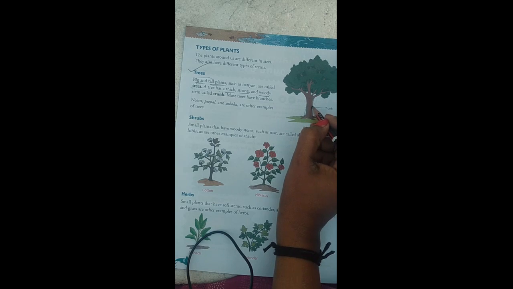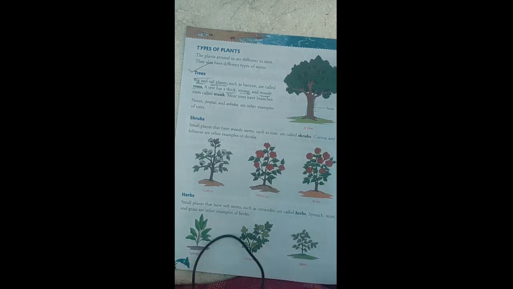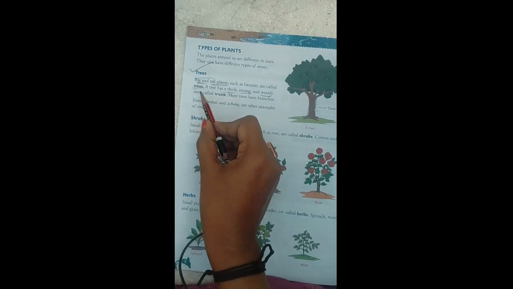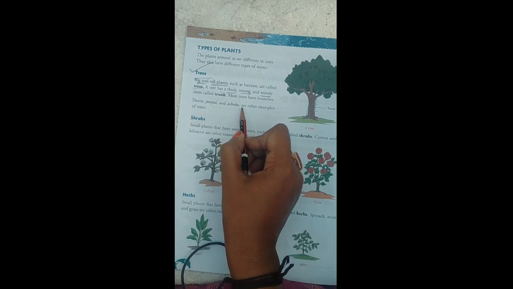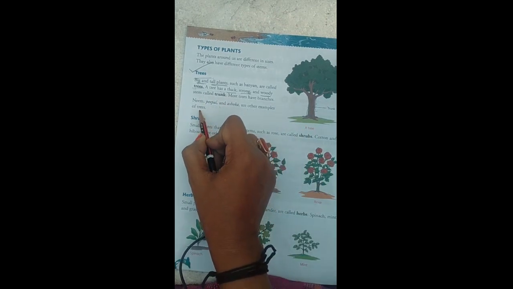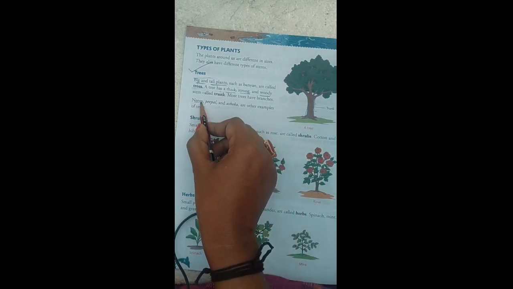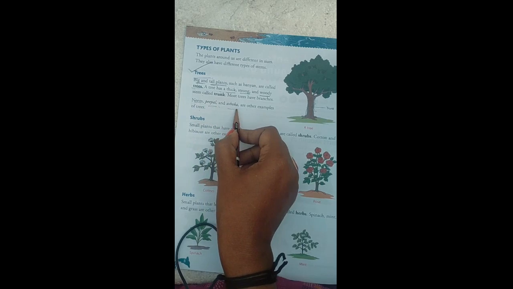So for that reason we call it trunk. Which animal is having a trunk? Do you know? Yes, very good. An elephant, sorry. Neem, peepal and ashoka are other examples of trees.